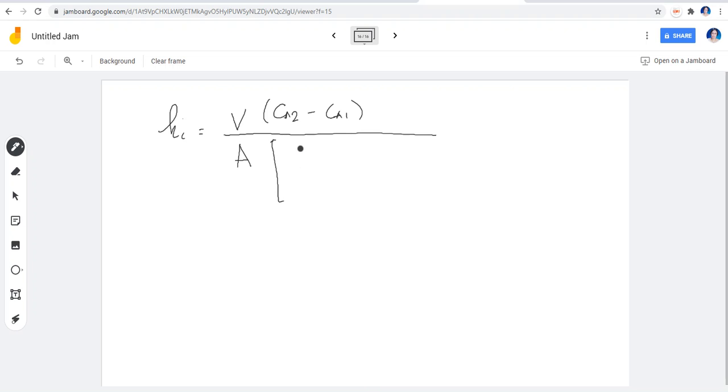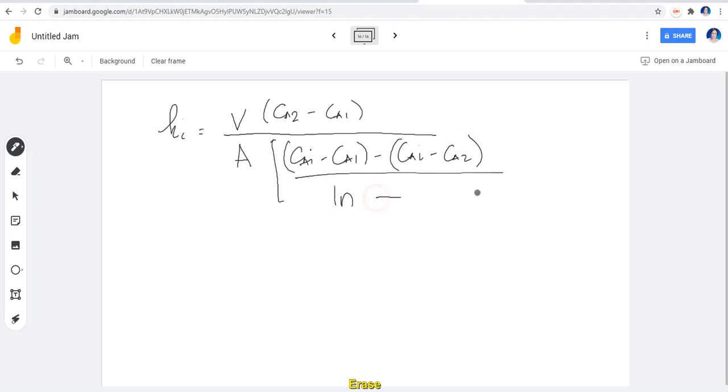The log mean driving force is CAI minus CA1 minus CAI minus CA2, all over the ln of the two expressions, CAI minus CA1 over CAI minus CA2. I got this from equating this K sub C A to V and this one, because both, as shown to you, are equal to NA.